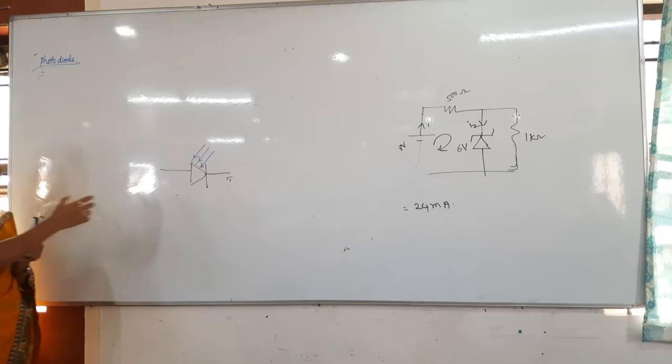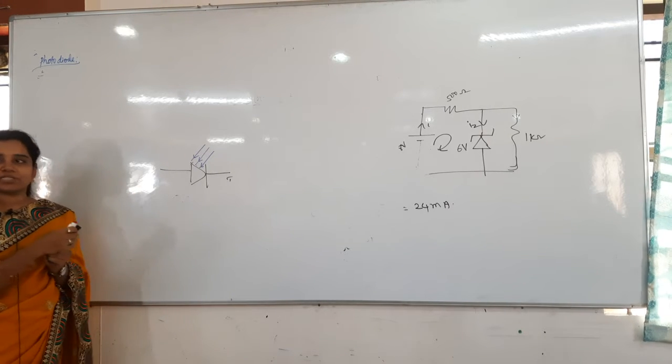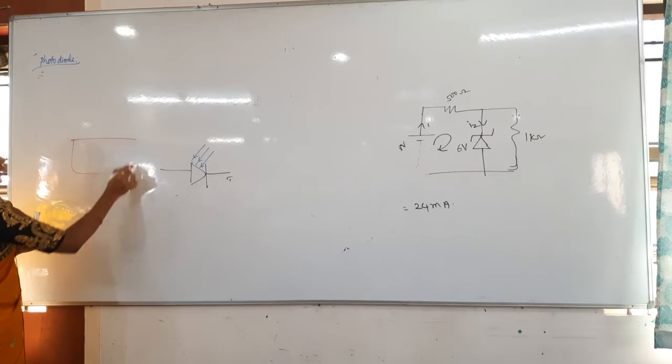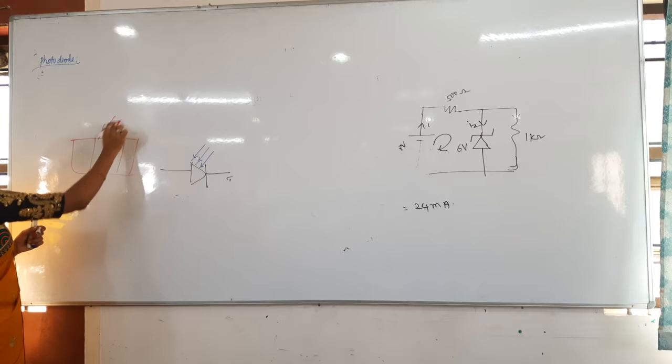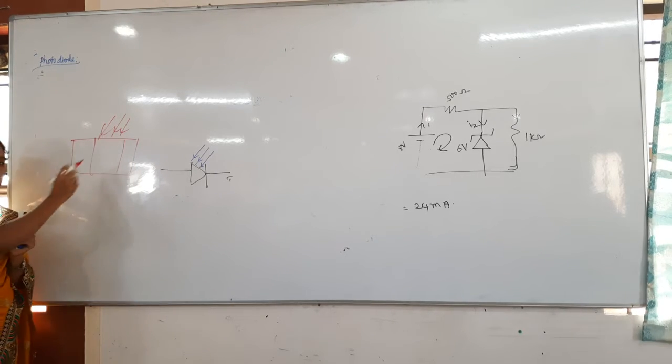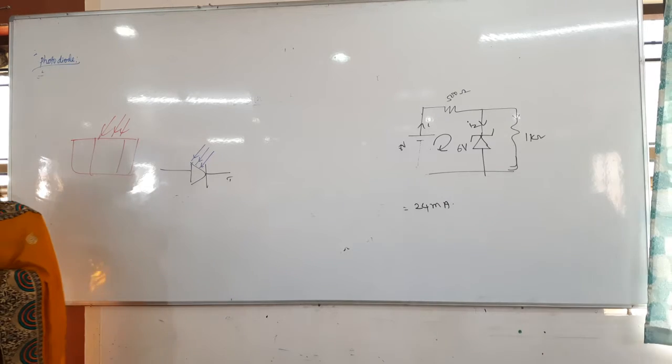Now, in the LDR, or photodiode, light is falling on the junction, the depletion region. In the depletion region, there are electron-hole pairs that already recombined and are stored there. Here there are only electrons, here only holes, and here the electron-hole pair is there.